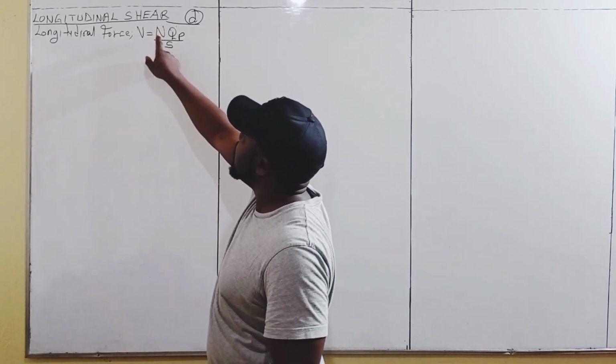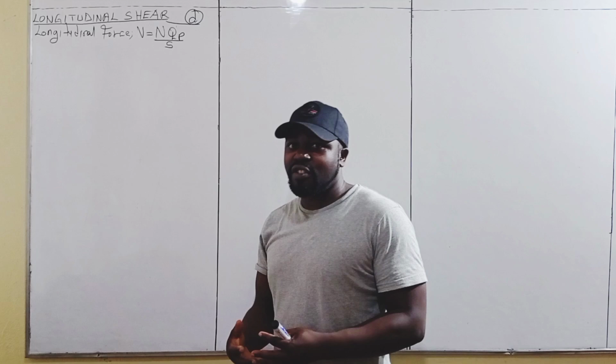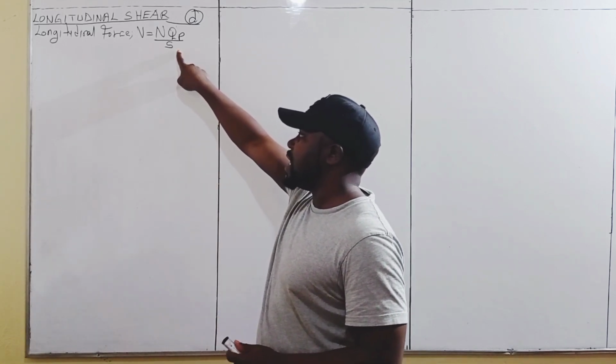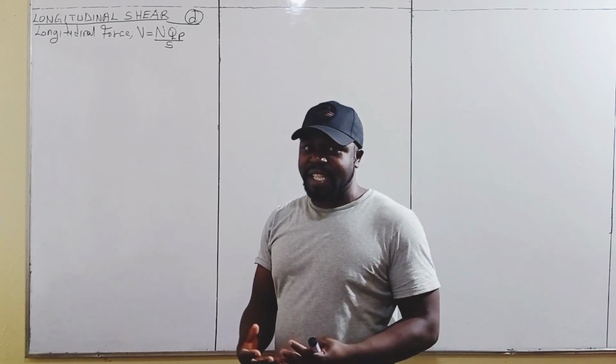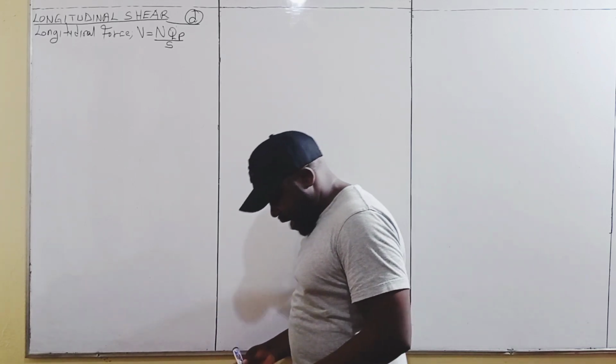Therefore, N here will be 2. QP, of course, that is the total longitudinal shear force per unit length, and S is the longitudinal spacing center to center of the shear connectors.